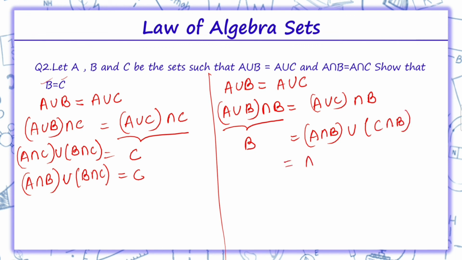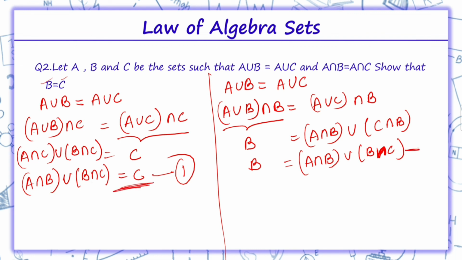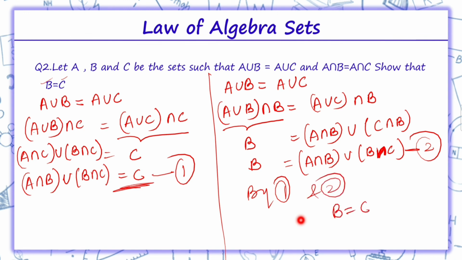Now C intersection B or B intersection C, it's one and the same thing. So over here we got (A intersection B) union (B intersection C) as C, and in the second equation (A intersection B) union (B intersection C) as B. Thus by first and second we can write B is equal to C. So see, this is how we are applying all the laws of algebra of sets to solve our questions.